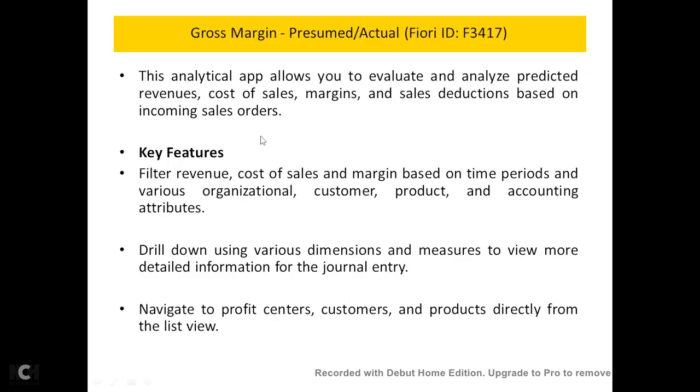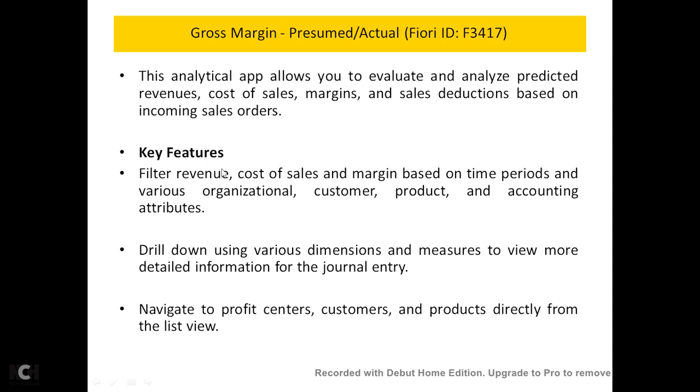The last standard Fiori app provided by SAP is Gross Margin Presumed or Actual. The Fiori ID is F3417. This analytical app allows you to evaluate and analyze predicted revenues, cost of sales, margins, and sales deductions based on your incoming sales orders.